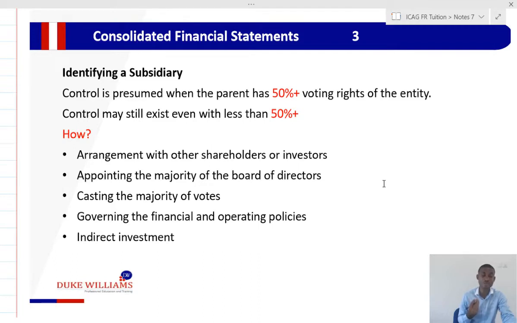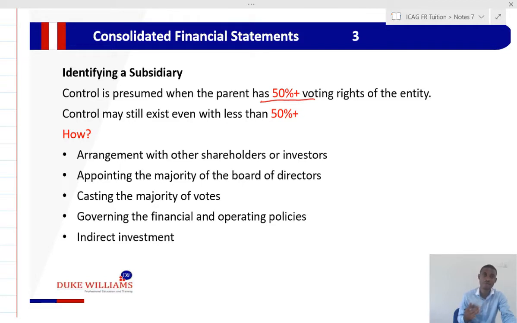But the concept that is embedded in the principle of control is that control is not limited to the majority interest. So the control from the concept of IFRS 10 is not that entity B should own more than 50% of the shares.